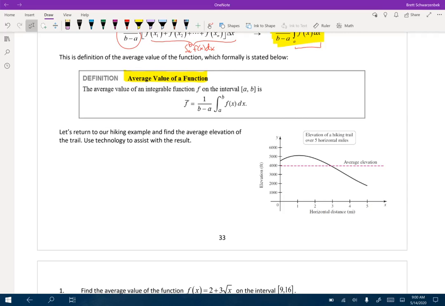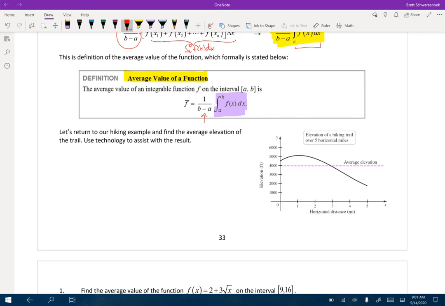Okay, our next step is to apply this to the actual hiking example. If you understand the last section, this is so simple, because you already know how to do this. The only thing you have to add, or rather multiply onto that, is the constant 1 over b minus a.